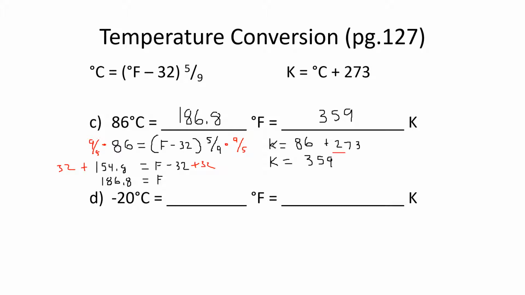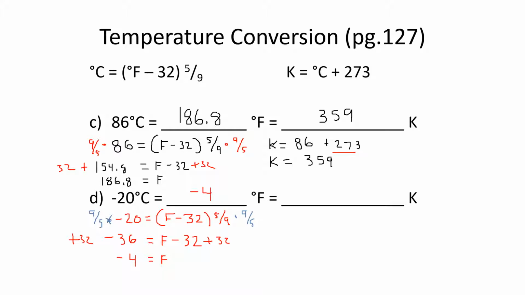Kelvin one's easy. Negative 20. So be mindful of your negative numbers. So I plug in negative 20 for C. And then to get F by itself, we'll multiply by 9/5 to both sides, and then add 32 to each side.